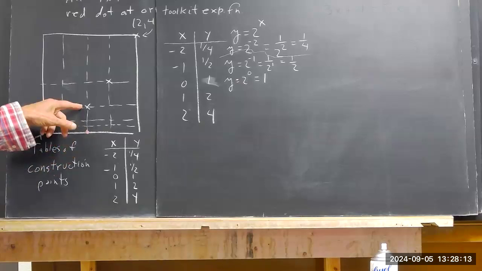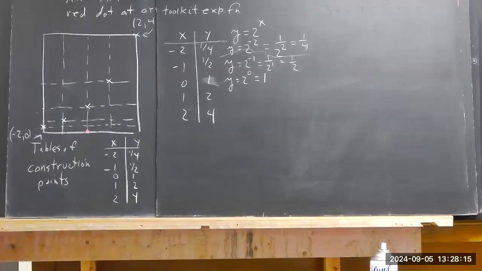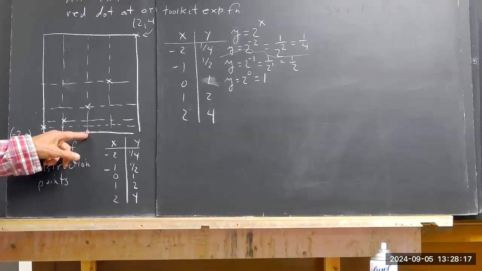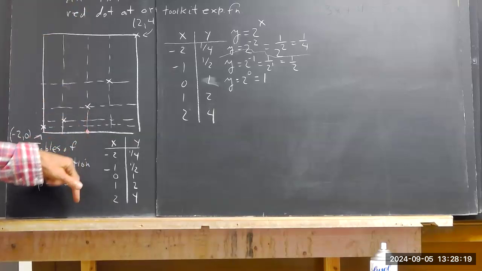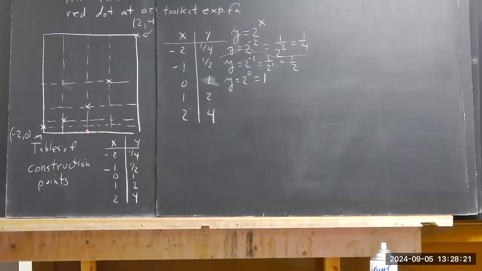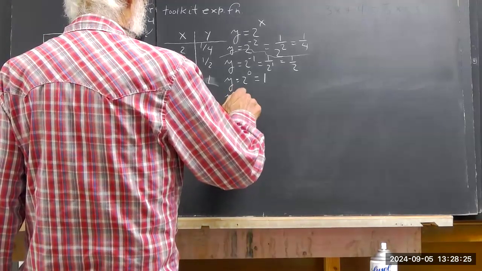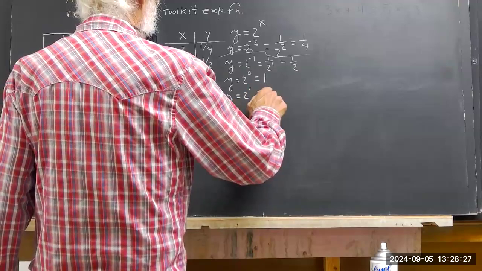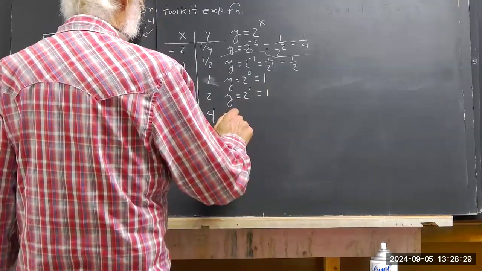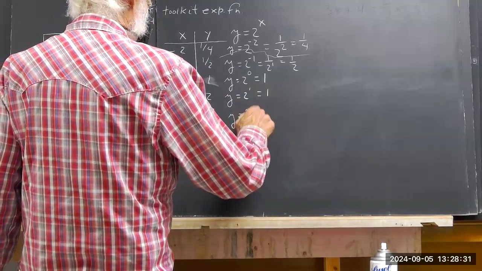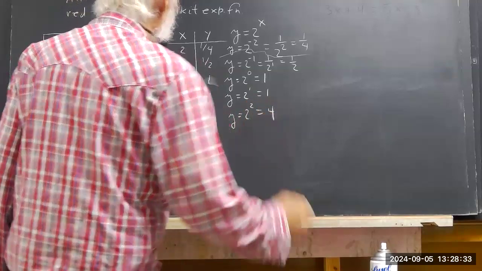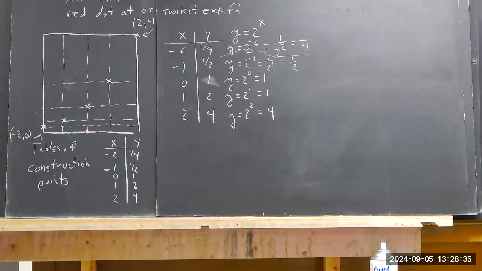Because of this graph, 2 to the 0 has to equal 1, because when x is 0, y equals 1. 2 to the 1 is just 2. 2 to the second power is 4. Those are the calculations. Okay.